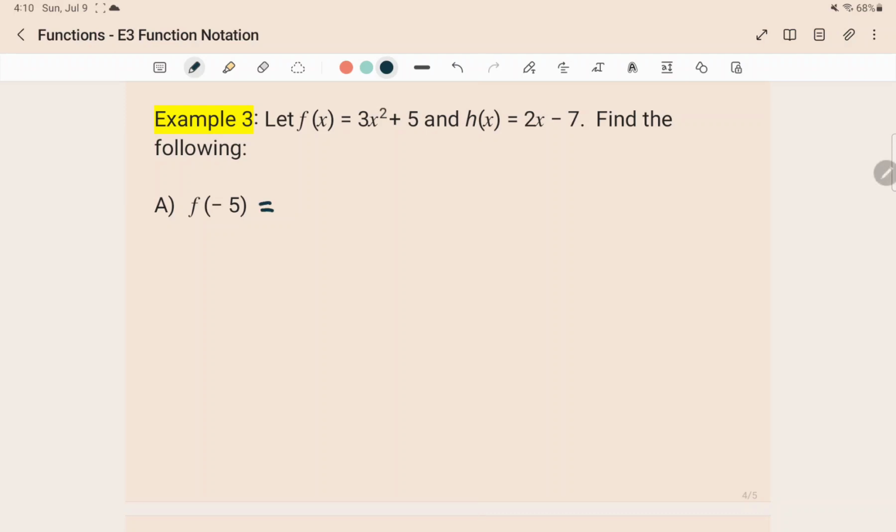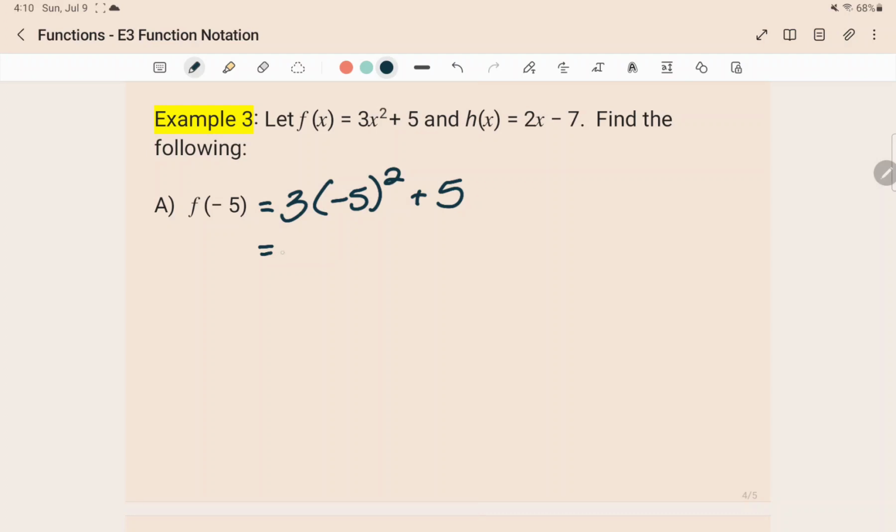There's two functions here, so we want to make sure we pick the right one. F of x is 3x squared plus 5. So everywhere we see an x, we're going to plug in a negative 5 instead. So 3, negative 5 goes in parentheses. That's squared plus 5. Since we plug in a number, we're going to get a number out as a result.